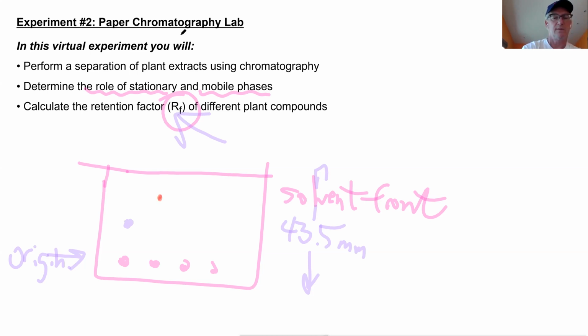We got one there, got one here, and I've got one there. So how do I calculate the RFs for each one of these four spots?